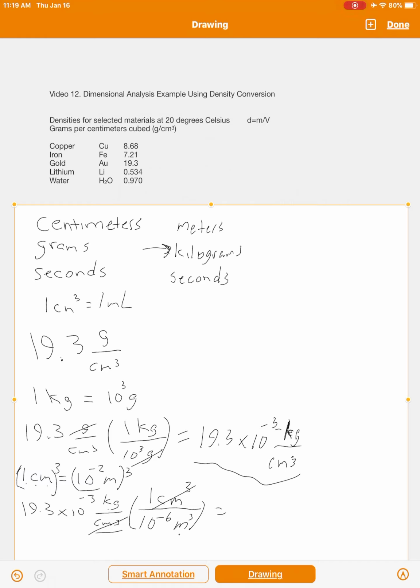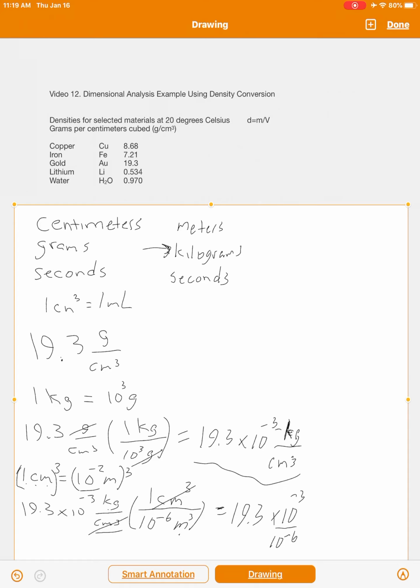So now how do we deal with this mathematically? We have 19.3. How do we deal with the powers of 10? Times 10 to the minus 3 divided by 10 to the minus 6. I'll leave the units out for now. Well, how do we deal with 10 to the minus 3 divided by 10 to the minus 6?